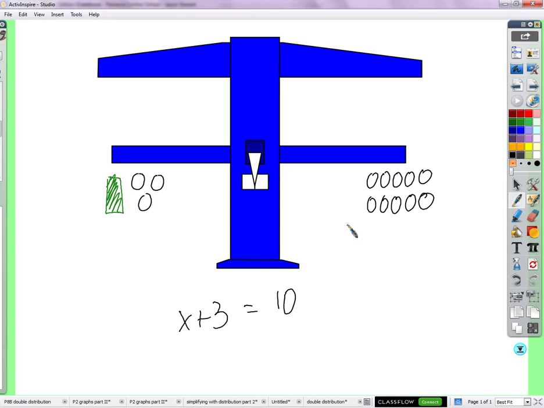The only way I can be sure that that thing's going to stay the same on both sides is to disturb both sides in exactly the same way. Right?